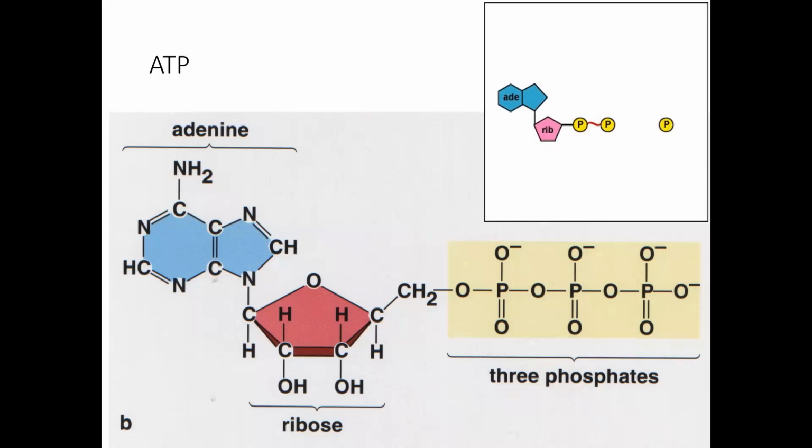And now it can go somewhere for 7 seconds. And it goes back and forth, back and forth. Low energy, high energy, low energy, high energy. When we release that third phosphate, we're going to drag the high energy with it to do something, to pump the sodium potassium pump, to contract a muscle, to send a nerve impulse.